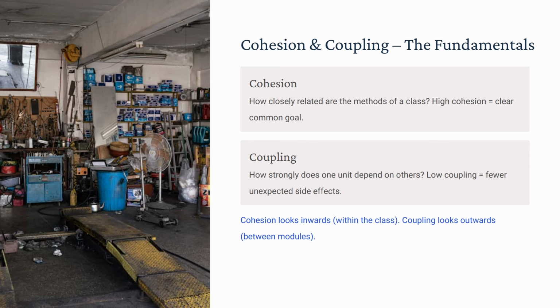To avoid having to analyze a large piece of software right now, let's take a small everyday example. Imagine we have a shelf with tools in our garage. If I have a cordless drill and 20 matching bits in one compartment, then cohesion is high because the elements in that compartment belong together and all pursue the same goal.